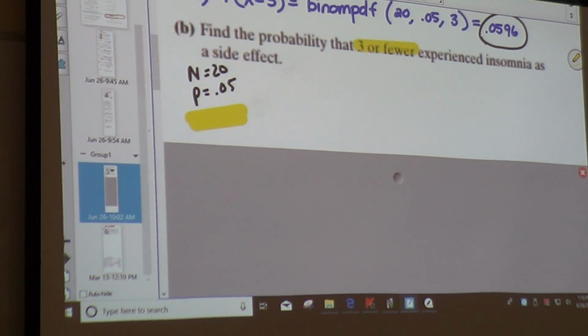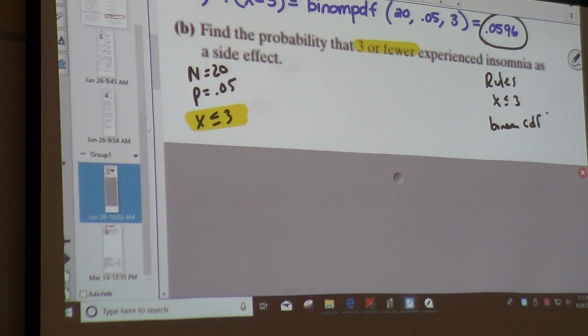You're automatically going to miss 2 questions if you come into the test and do not write these rules down. How do we write 3 or fewer? Less than or equal to. X is less than or equal to 3. In our rules, X less than or equal to 3 is going to be which rule?